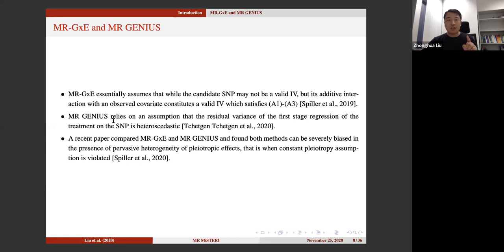We have to be cautious here. MR-genius is different from our MR-mystery. The heteroscedasticity is about the treatment, the exposure. In our MR-mystery, we will have a different type of heteroscedasticity. A recent paper by Spiller compared MRG by E and MR-genius and found both methods can be biased when the constant pleiotropy assumption is violated. So we want to address those issues.